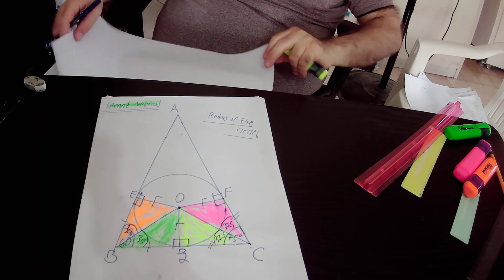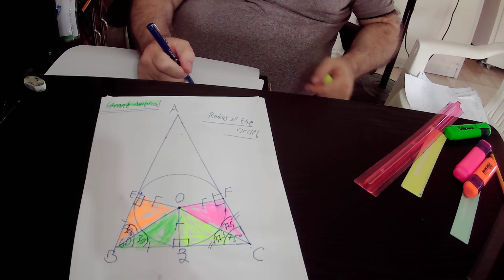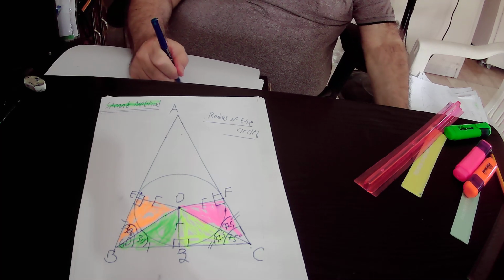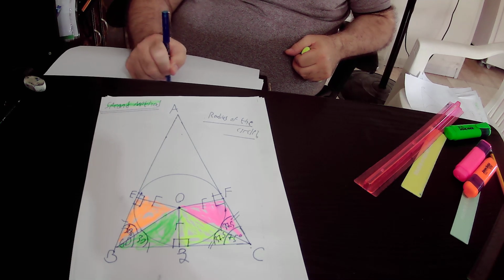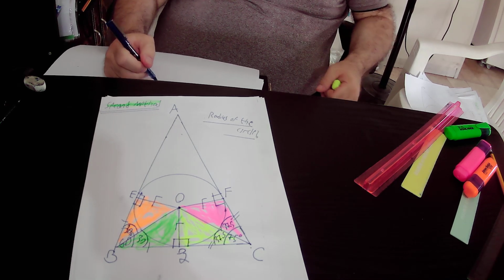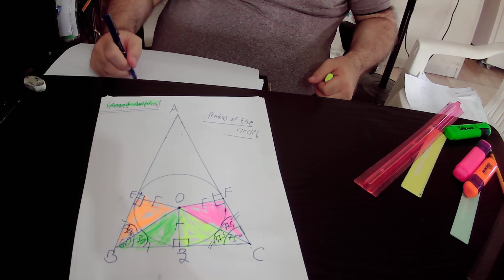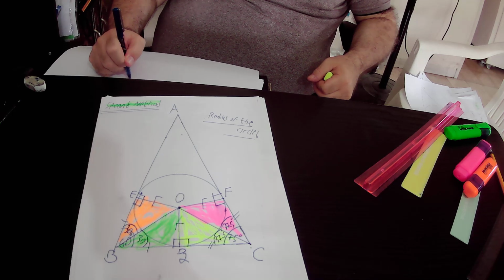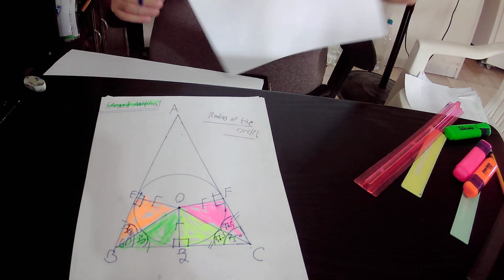That is to say, BC equals BD, that is R over tangent 30 degrees, plus DC, that is R over tangent 37.5 degrees.